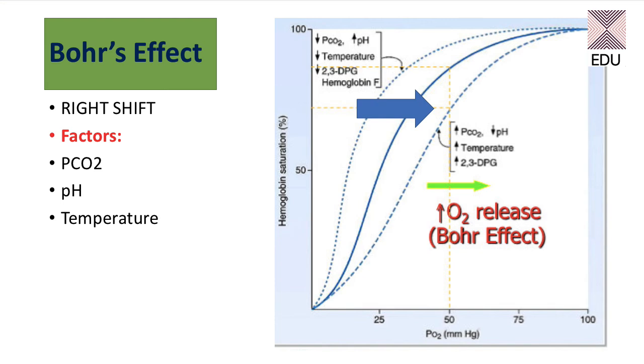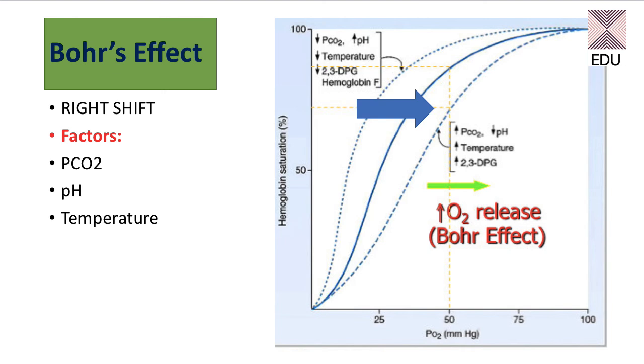So what will happen at the tissue level? The hemoglobin will release the oxygen. This is the significance of Bohr's effect. Conclusively, what is Bohr's effect? It is the right shift of the oxygen dissociation curve due to three major factors.